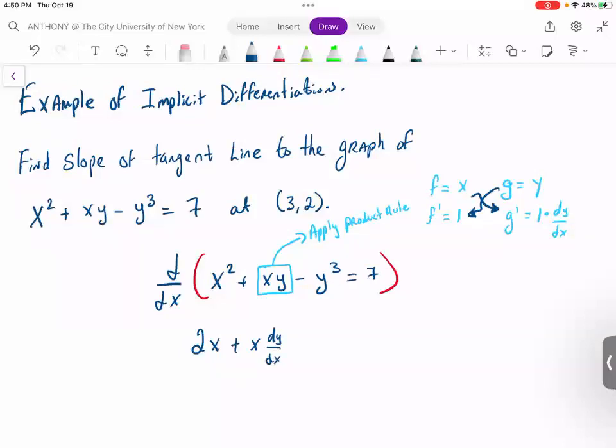Okay, so by our product rule, you take f times g prime plus g times f prime. So we're going to get 2x plus x dy/dx. Then g times f prime, that will be y times 1, which is simply y. And now you apply, intuitively, a chain rule for negative y cubed. Under normal circumstances, what is the derivative of negative y cubed?